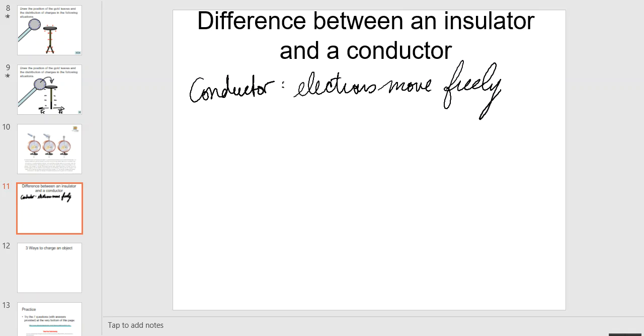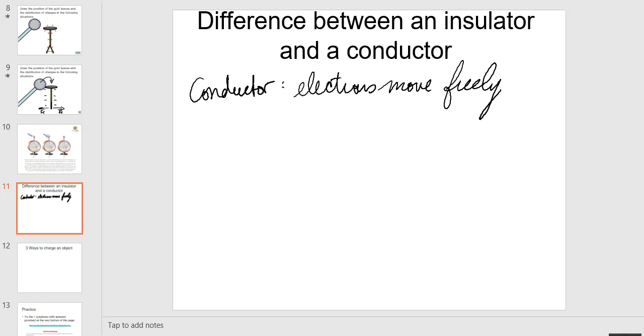Okay? And let's say, I'm not going to turn it on or anything like that, but let's say this thing is on and it's positively charged, right? And I touch it here, and then I remove it, just like we were doing.